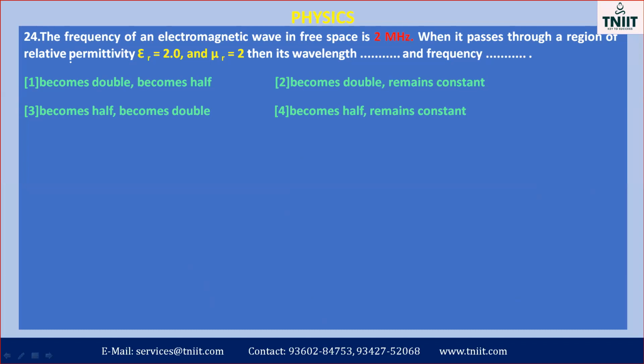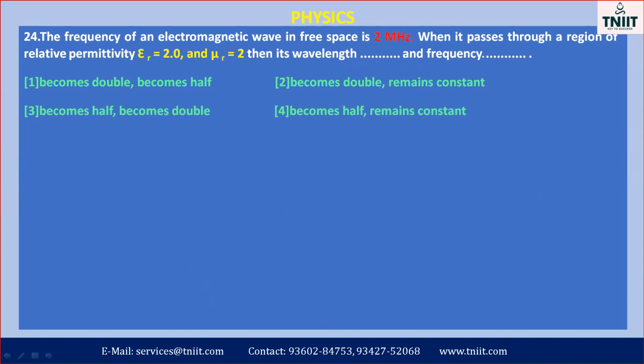Look at this. The frequency of the electromagnetic wave in free space is 2 megahertz. When it passes through a region of relative permittivity epsilon r and permeability mu r, what are the wavelength and frequency they are telling?